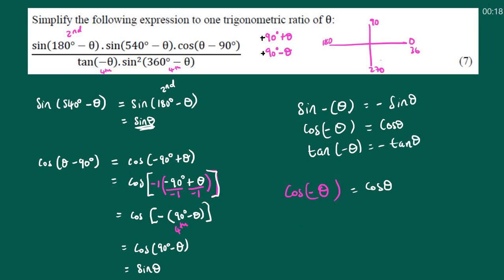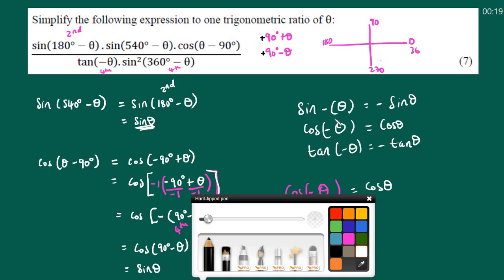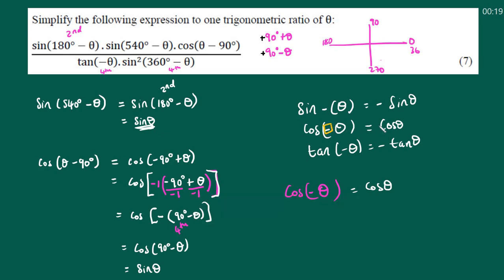So I want you to trace this negative to see that the negative will only be there if you are dealing with tan and sine. For tan and sine, the answer must have a negative, but for cos, it's positive. This is because these negative angles are in the fourth quadrant, and if you remember, in the fourth quadrant, it's only cos that's positive.